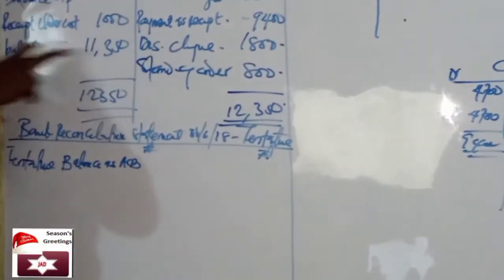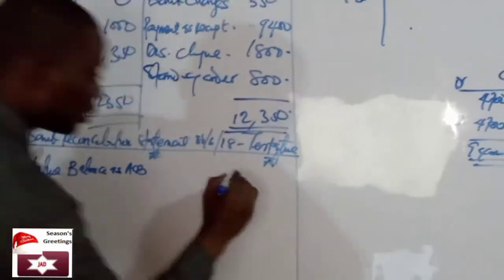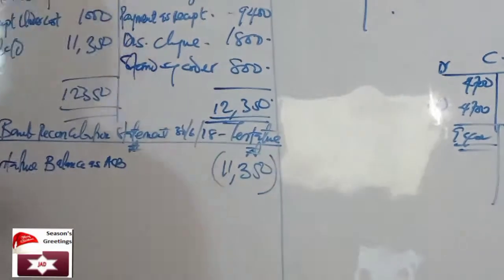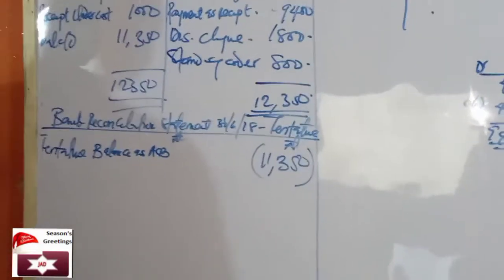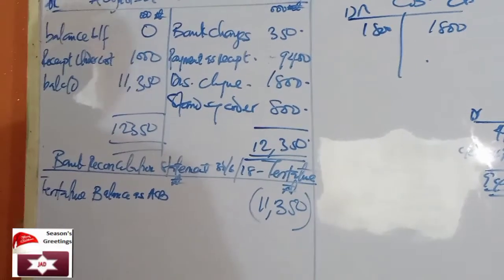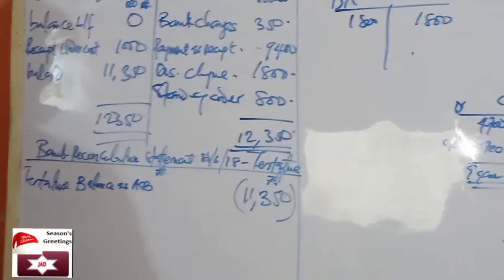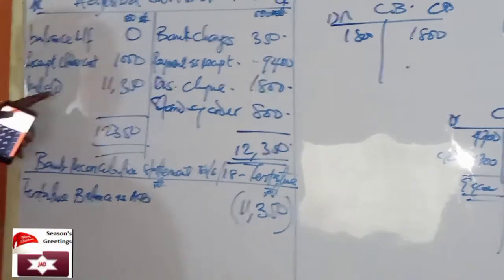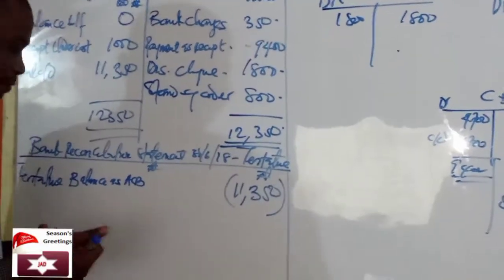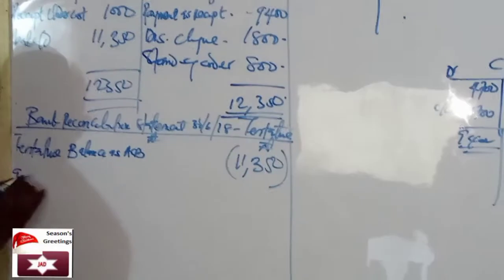So that would be 11,350. This is credit. That's it's overdrawn. Do you know why? Because ordinarily your cash book should have a debit balance, but now I'm seeing a credit balance. So this is negative.